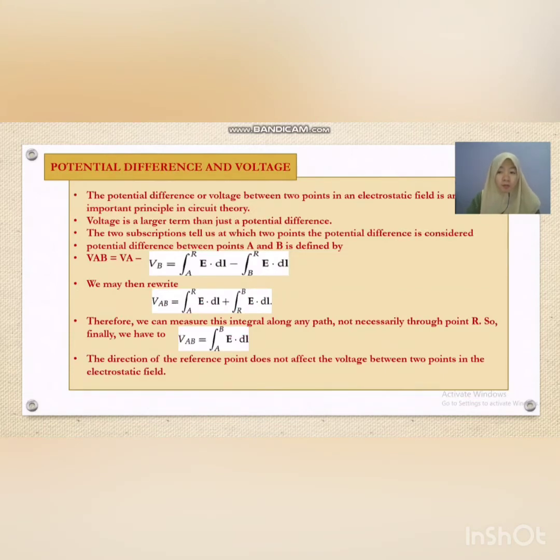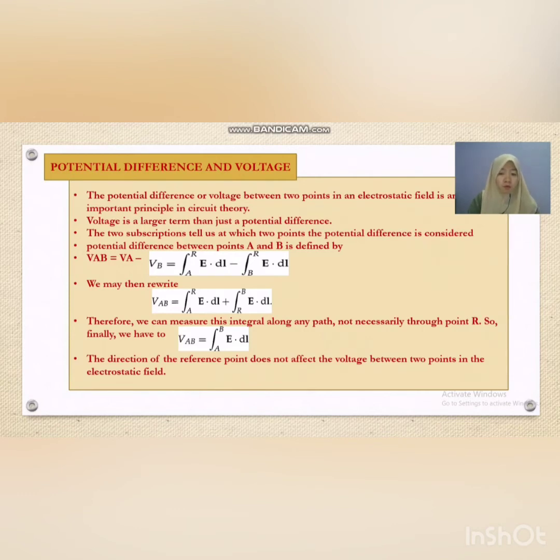For the potential difference and voltage, the potential difference or voltage between two points in electricity is an important principle in circuit theory. Voltage is a larger term than just a potential difference. The two subscripts tell us which two points the potential difference is considered between.